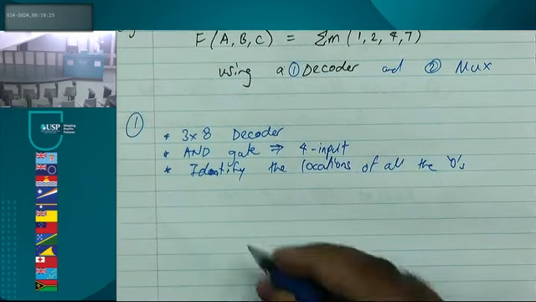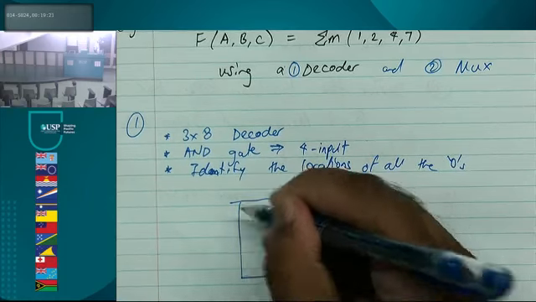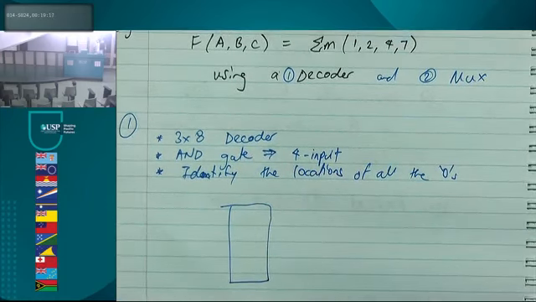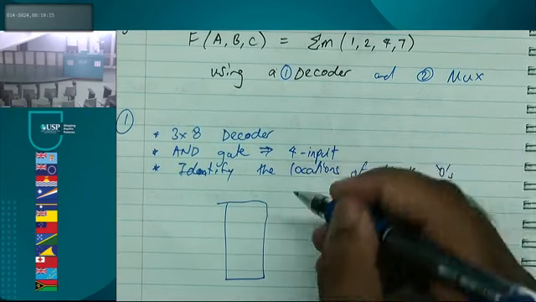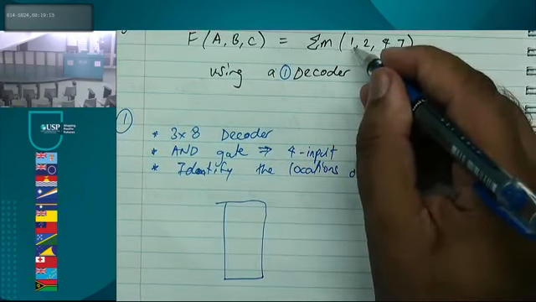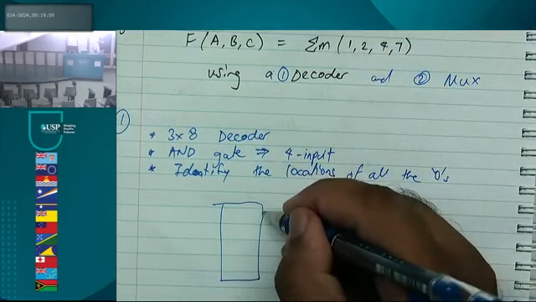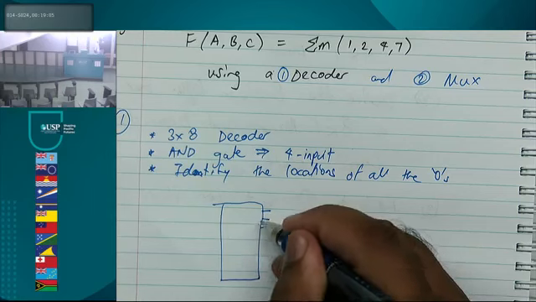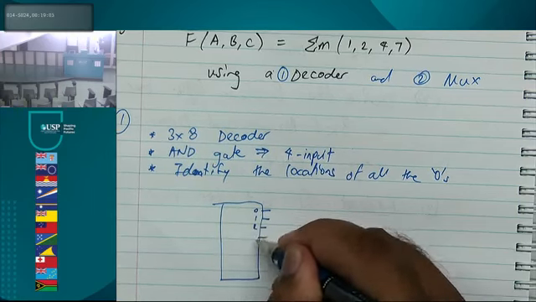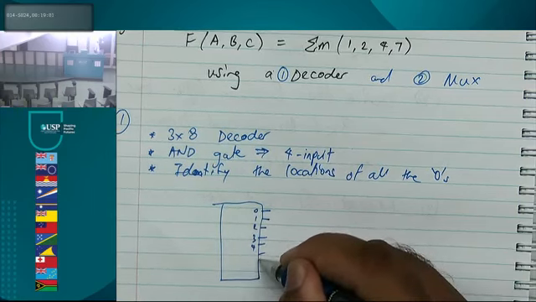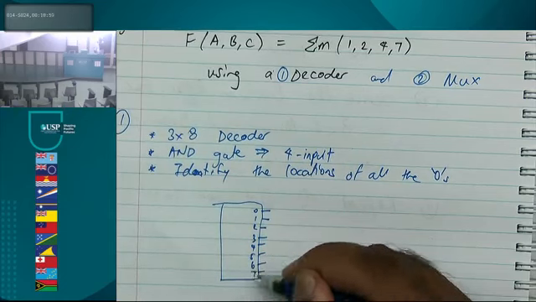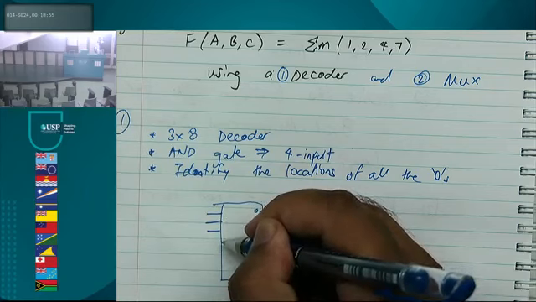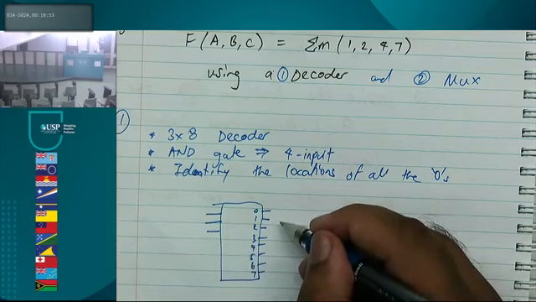So you'll have your decoder here. I'm just going to do a rough sketch, but I expect you, in your free time, to draw it neatly. Outputs 0, 1, 2, 3, 4, 5, 6, 7, and then you have 3 inputs over here. Now, look for wherever your zeros are.